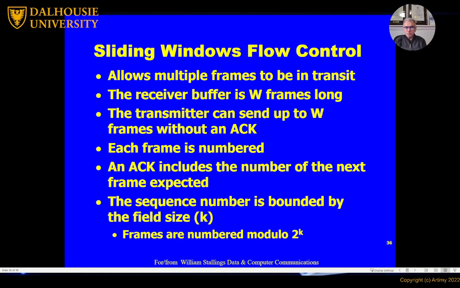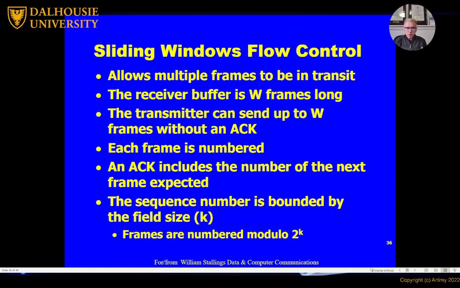So the idea is there is always a certain number of packets or frames that are not being acknowledged, and the transmitter cannot exceed that number. Let's say the number is 4. The transmitter can send frames 1, 2, 3, 4, and then wait.